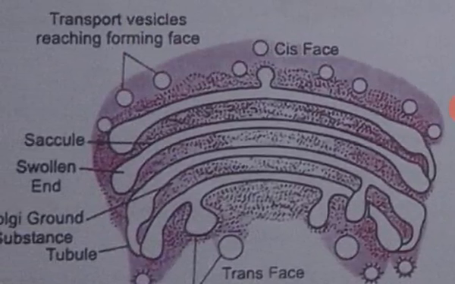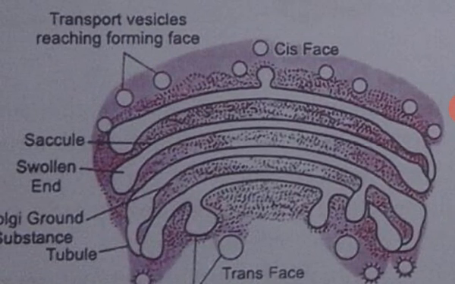The cisternae are found stacked over one another. In animal cells, the Golgi apparatus consists of a single connected complex unit and lies near the nucleus. In plant cells, the Golgi apparatus is formed of unconnected units called the dictyosomes.